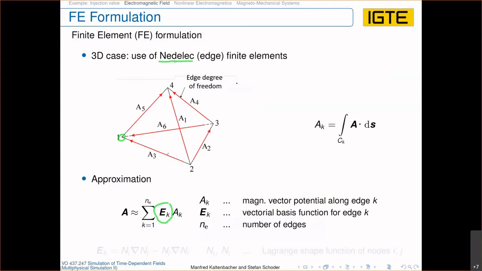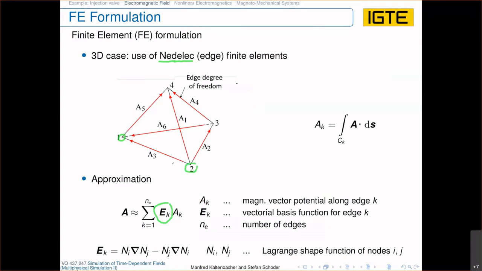However, you have a full machinery for how you compute such vector basis functions, and the nice thing is you can show that, for example, you can use the Lagrange nodal shape functions in this sense, where i and j are the two nodes. For example, as shown here, it could be node 1 and node 2.